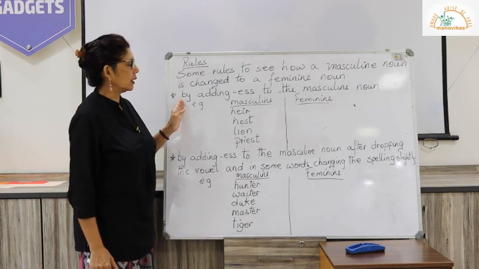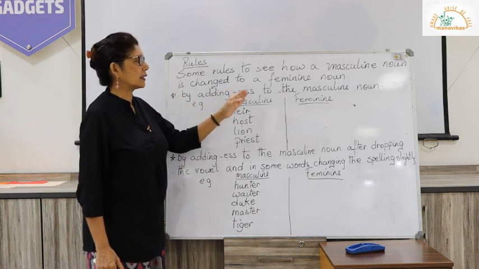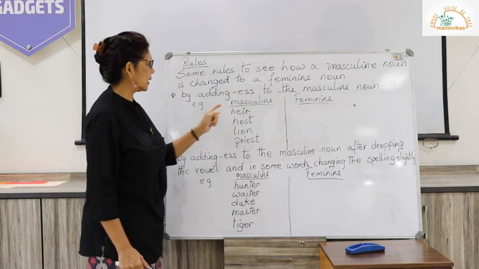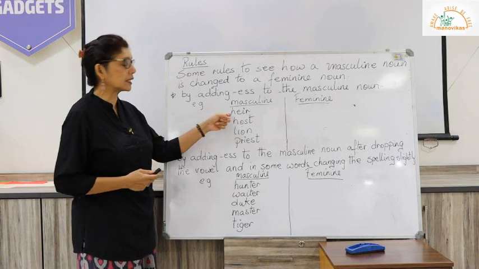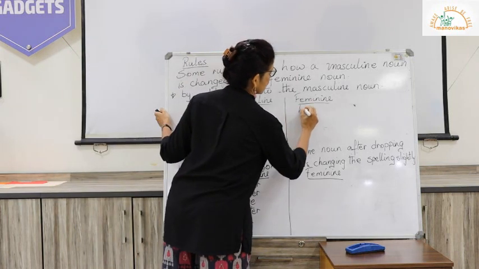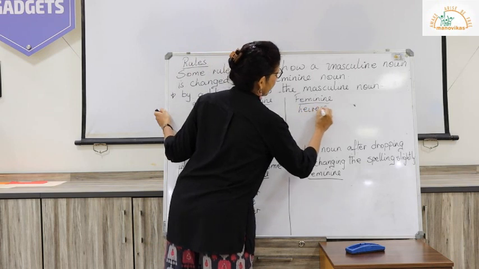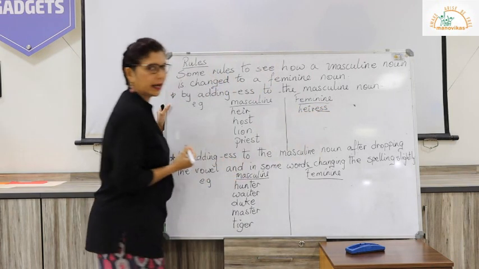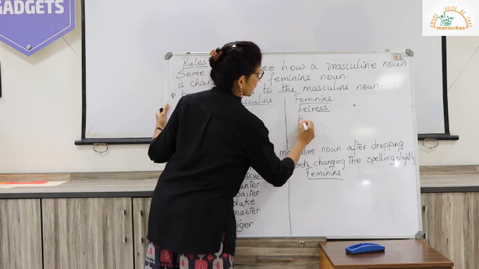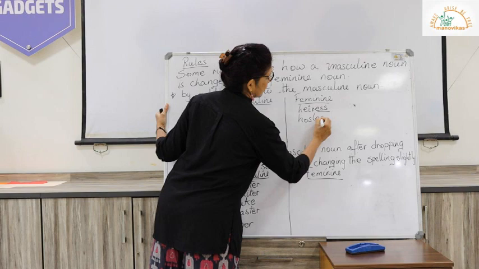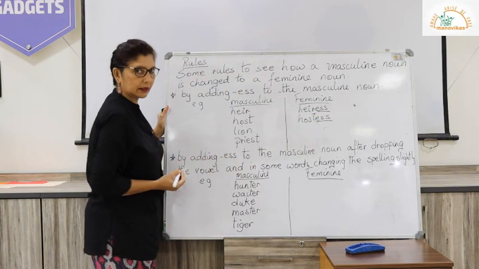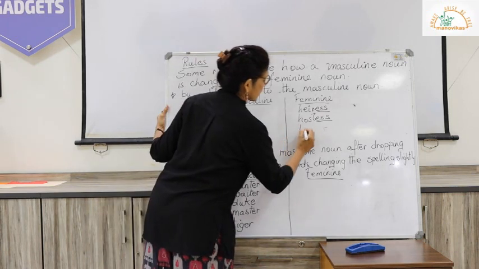The first one, you just add ESS to the masculine noun and it changes to the feminine. Let's see the first one, heir. H is silent here. Heir becomes heiress. So you have added ESS. Host is hostess. Lion becomes lioness.